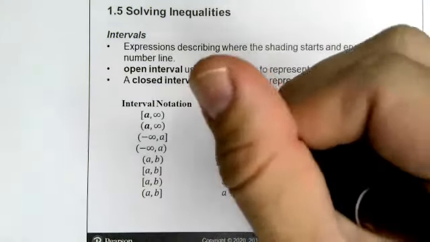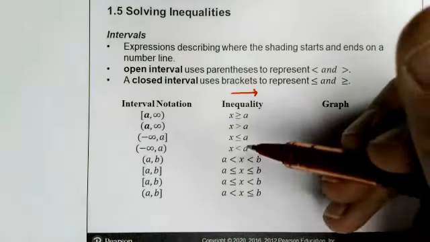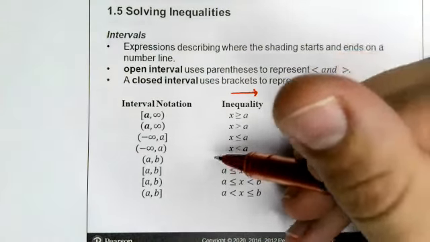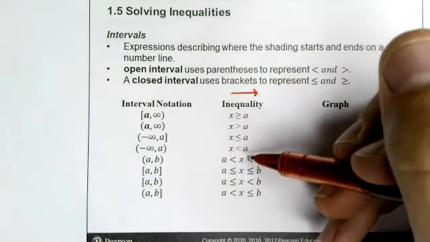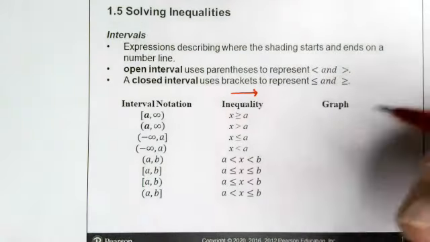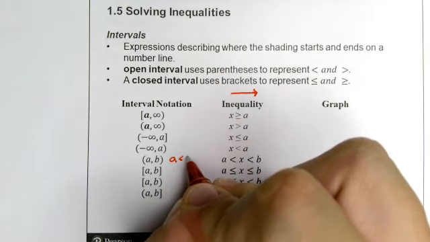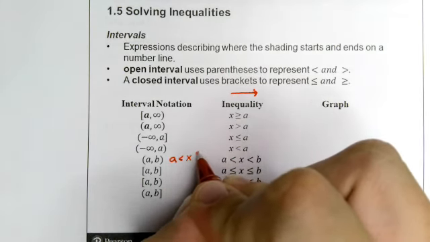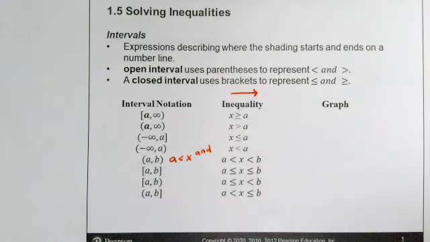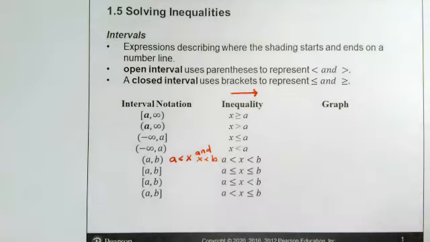Okay, these we call compound inequalities. Just like a compound word is two smaller words put together, a compound inequality will be two inequalities with the word and. So this could be written as a is less than x and x is less than b.